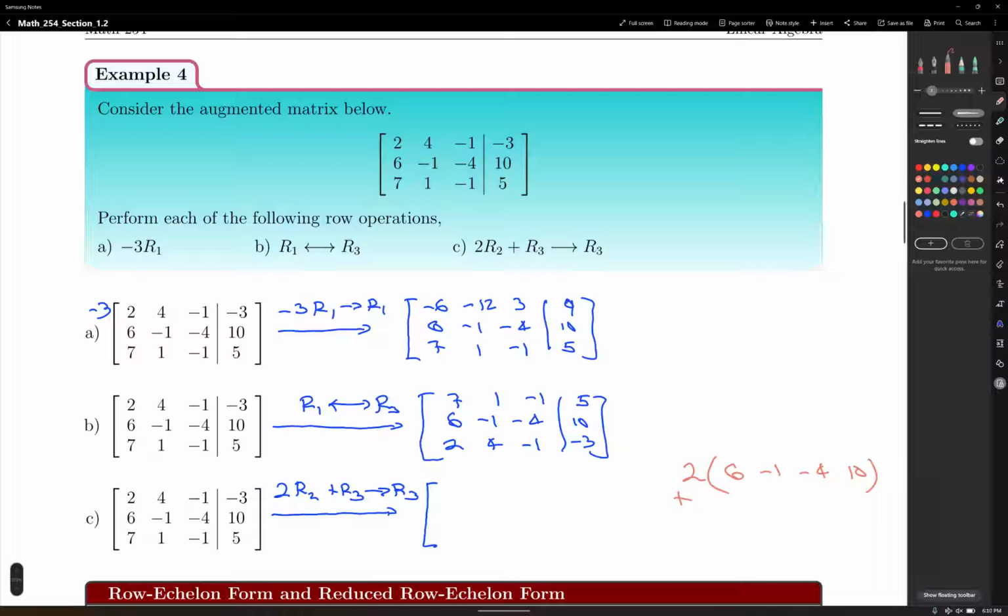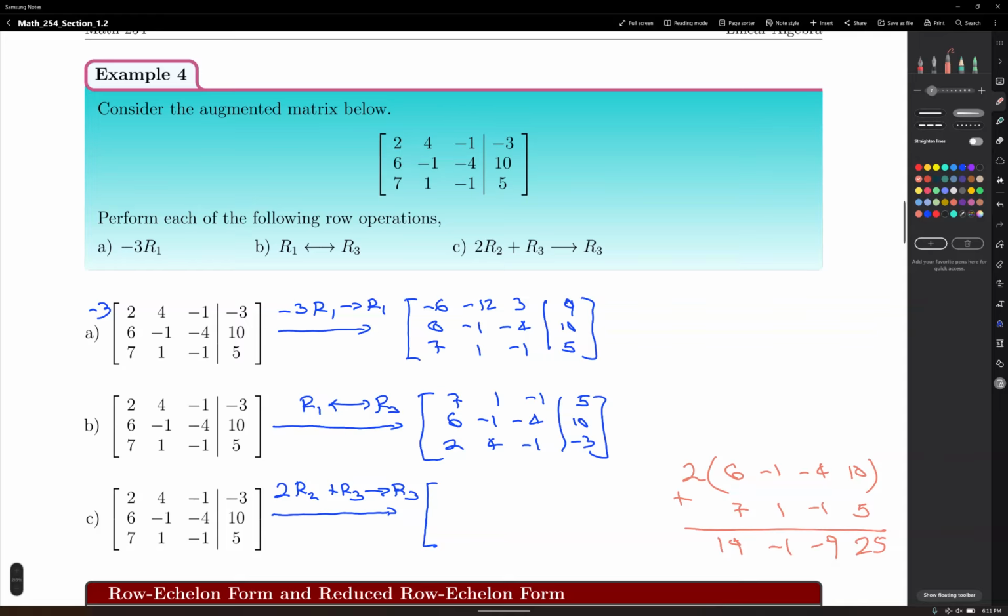And then I'm going to add it to the third row: 7, 1, negative 1, 5. This is what we're going to do. 2 times 6 plus 7 is 19. 2 times negative 1 plus 1, 2 times negative 4 minus 1, 2 times 10 plus 5. That's the new third row.